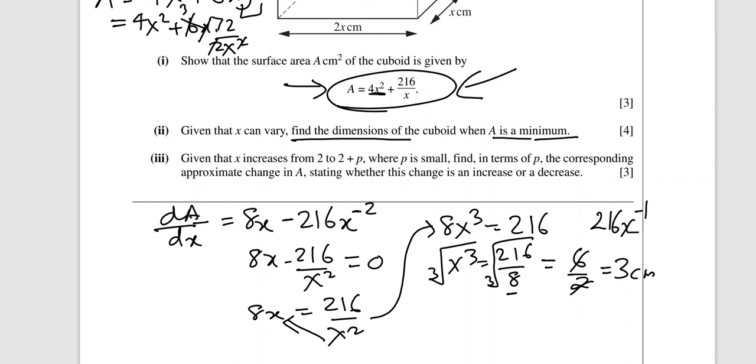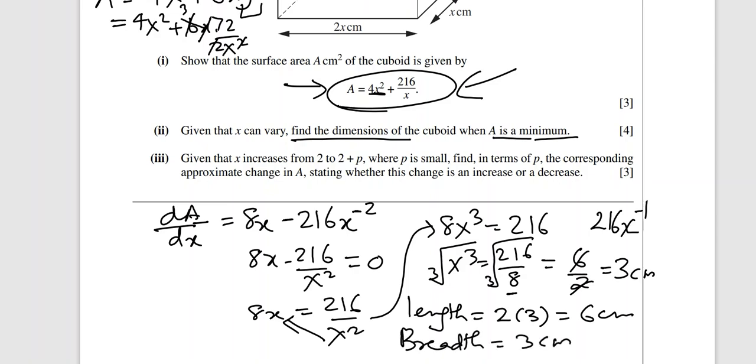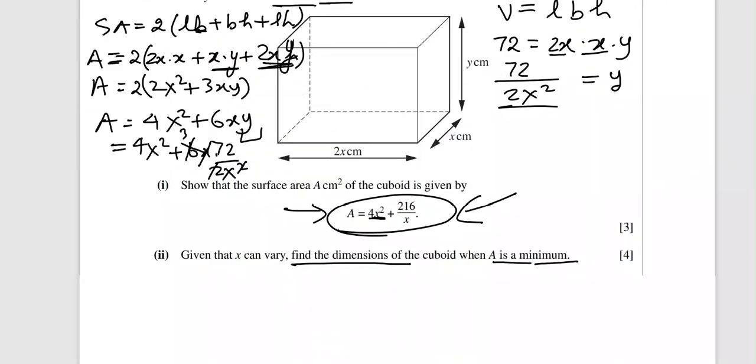So now we will substitute everything here. So length was 2x, x is 3. So 2 times 3, 6 centimeters. Breadth, which was just x, 3 centimeters. Height, equal to y, and we got y already, 72 divided by 2x square.